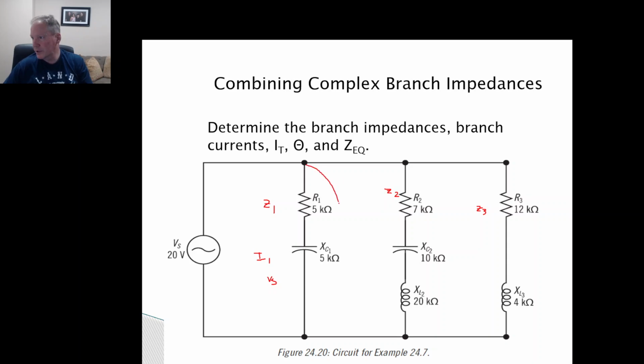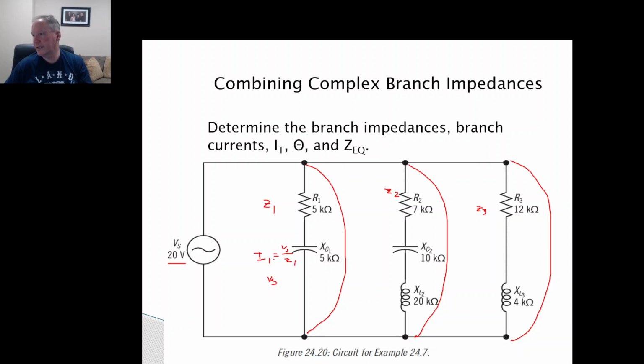So the voltage across here is the same as the voltage across here, which is equal to the voltage across here, which is all equal to Vs. All right. So once we get Z1, we can calculate I1 because the current is going to be the voltage divided by the impedance. Okay?